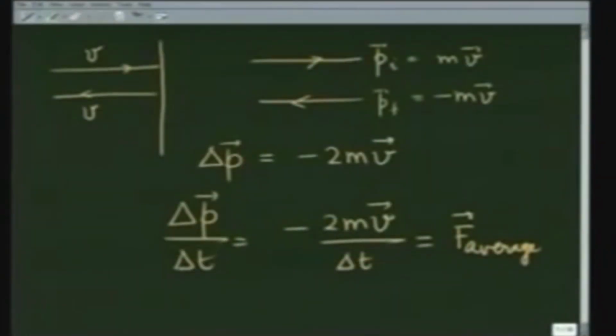So this, I will call the average force. I am calling it the average because I do not really know how it changed with time. If the wall has applied that much force to the ball, the ball also has applied equal and opposite force on the wall. So a ball hitting a wall applies a force on it.